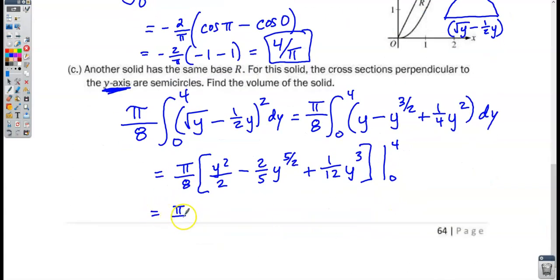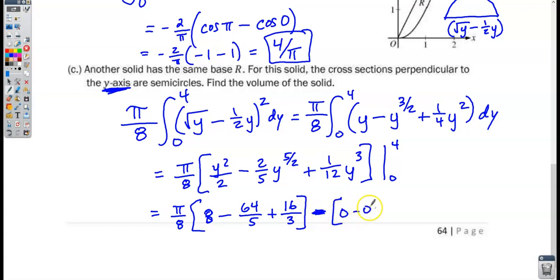So we've got pi over 8 times 16 over 2, which is 8, minus 2/5 y to the 5/2. So y to the 5/2, that's going to be 32. So that's going to be minus 64 over 5, plus 1/12 times y cubed. 4 cubed is 64. 64 over 12, that's going to be 16 over 3. And this is a totally acceptable answer here, by the way. And that's minus 0 plus 0 when we put the lower limit of integration in.